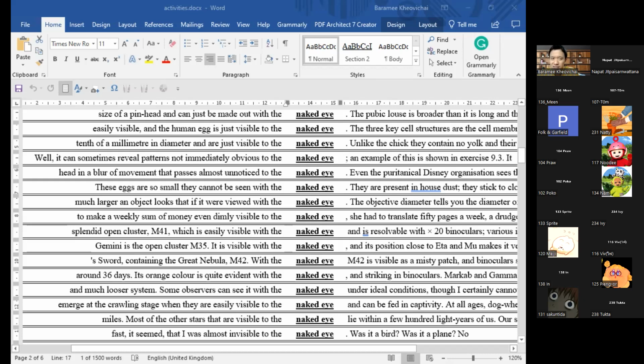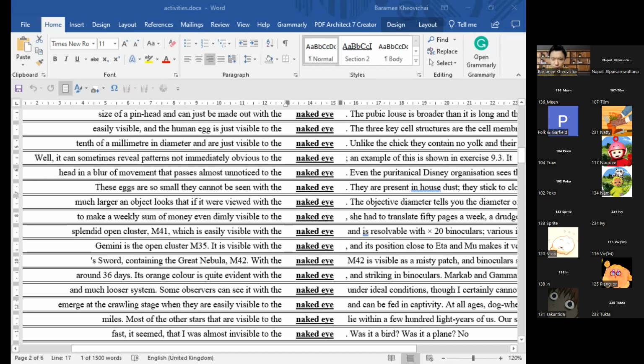We can see examples like it is not really visible. When you say visible, you might see words related to negation, like not, or here, too faint to be seen with the naked eye. So basically, it's all about not being easy to see.